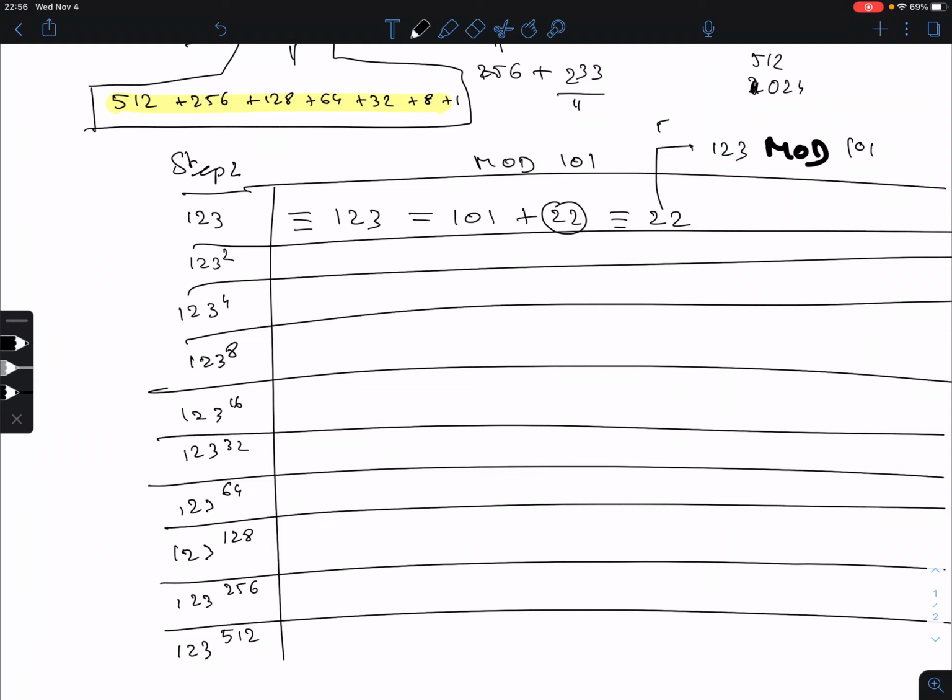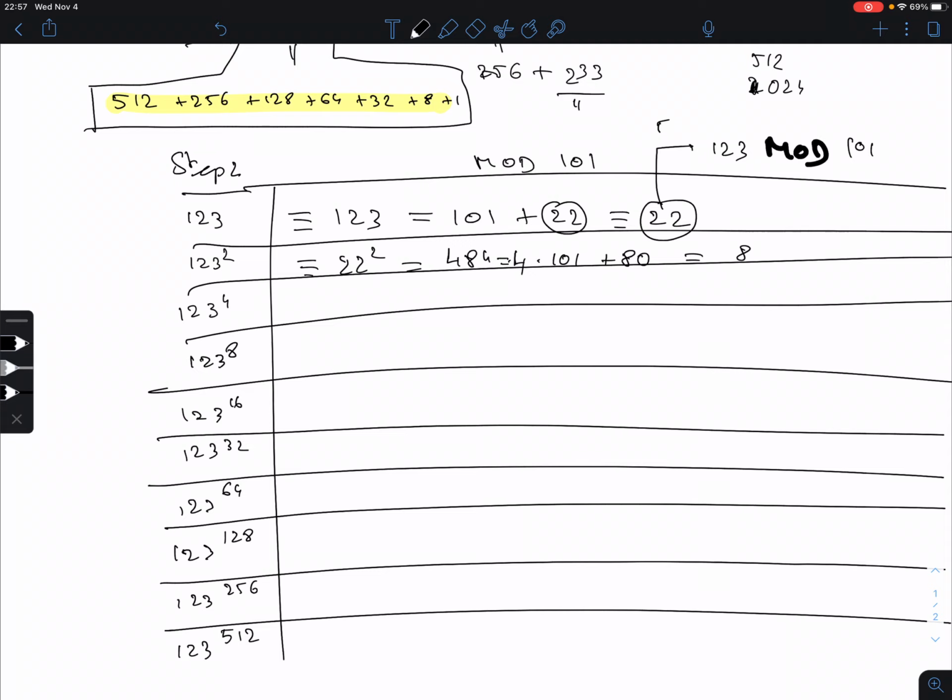Then I take that number, and because these two numbers are the same, if I square them, they will also be the same modulo 101. So I take the square here and take the square of this 22. 22 squared is 484. Again, I can do it using the mod function, but I see quickly here that it's 4 times 101, that's 404, plus 80.